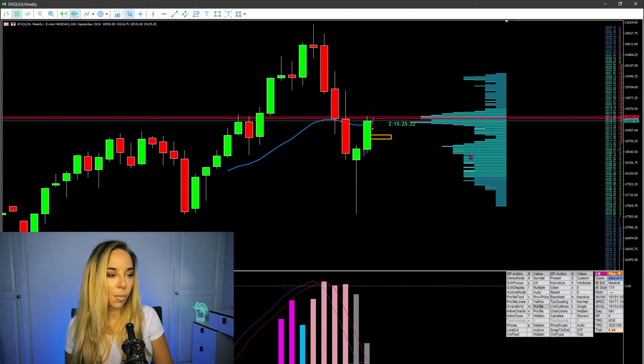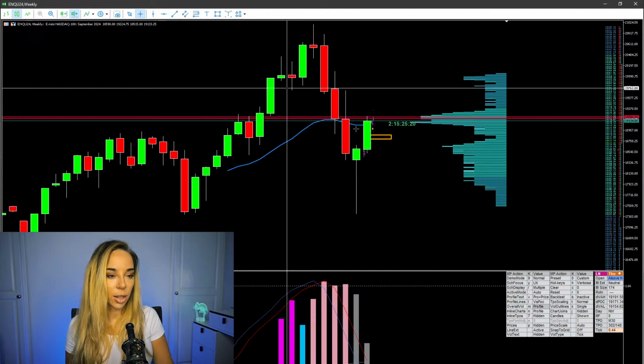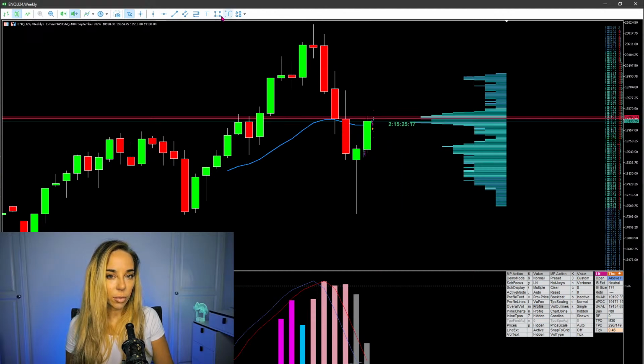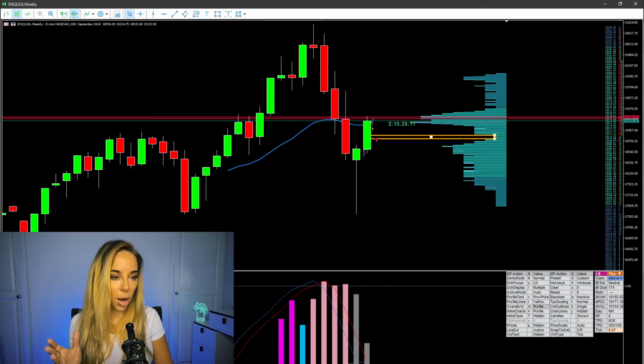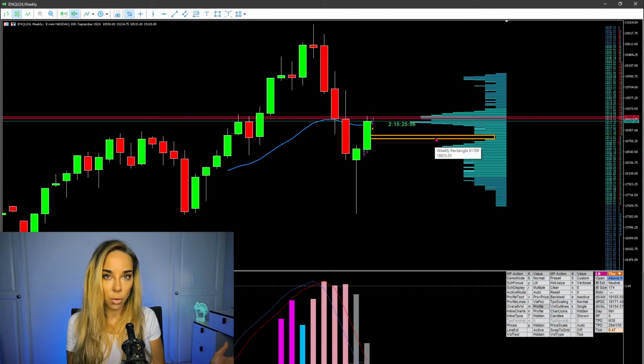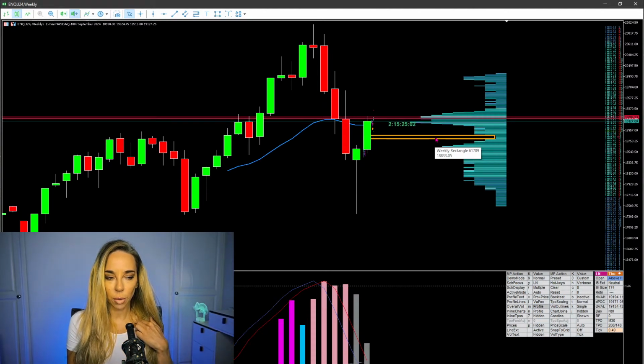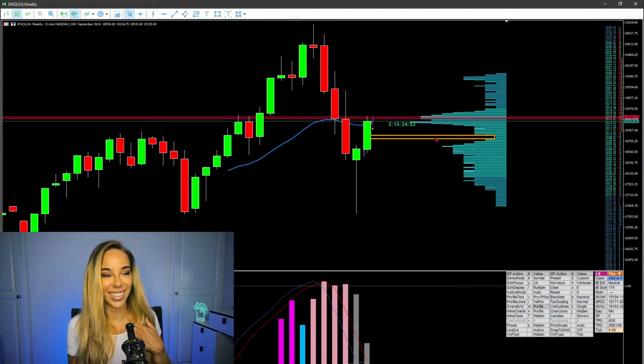And I can see this little low volume node right in the middle of where the price ran through. So we're going to see if the price maybe can get back down there. Maybe next week. It's probably not very possible for today, but knowing how crazy NQ is, we may get there tomorrow because it's just a monster.